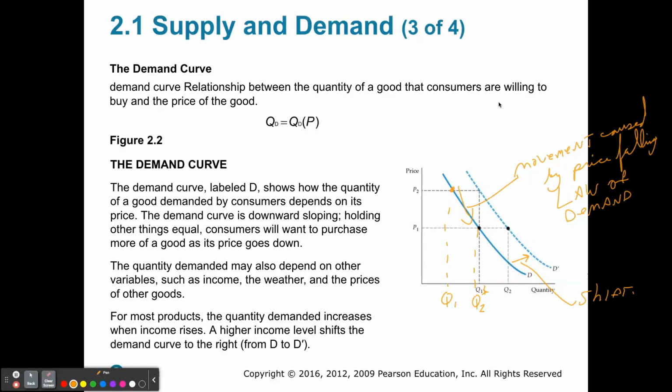Rather, you have a global pandemic shifting the demand curve, causing an increase in the price, encouraging firms to then produce those goods.